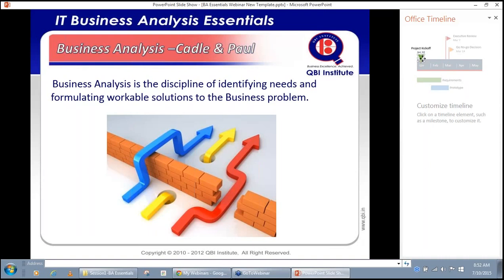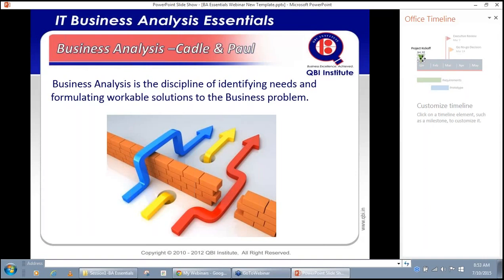Basically, whatever your needs are or whatever your requirements are. And not only you do the analysis of your needs or requirements, you also formulate a workable solution to the business problem. So your focus is on requirements and then your focus is on the solution of the requirement.